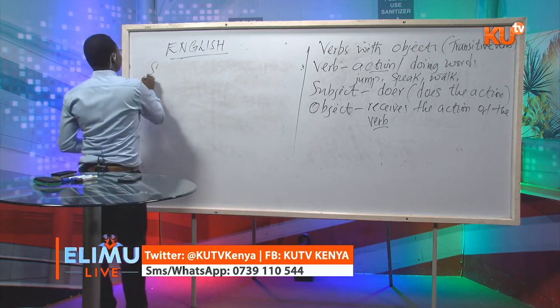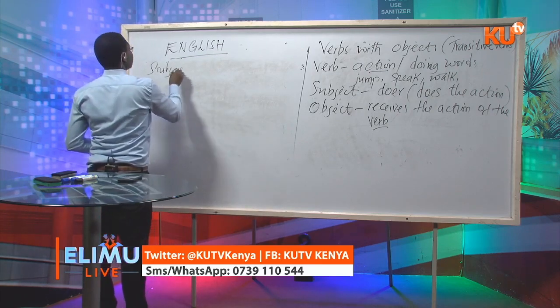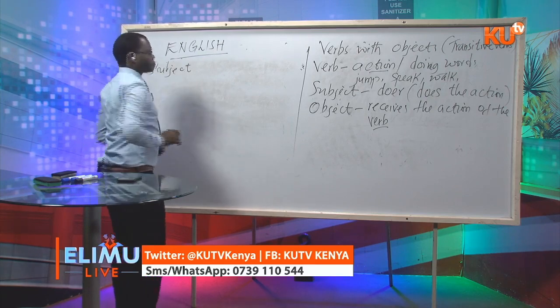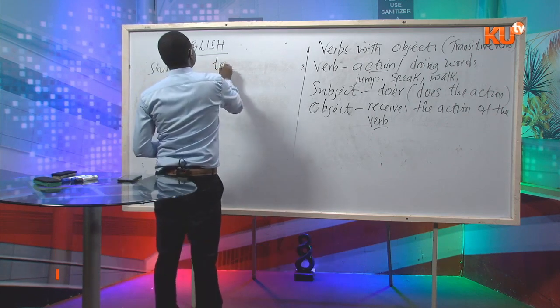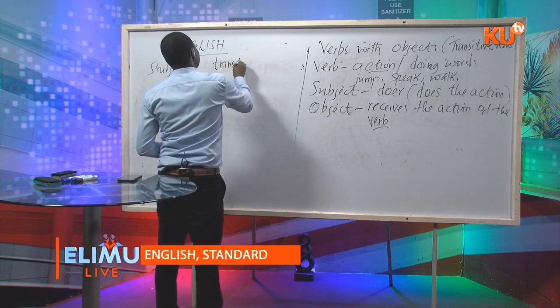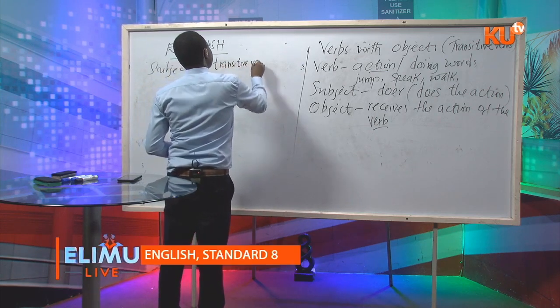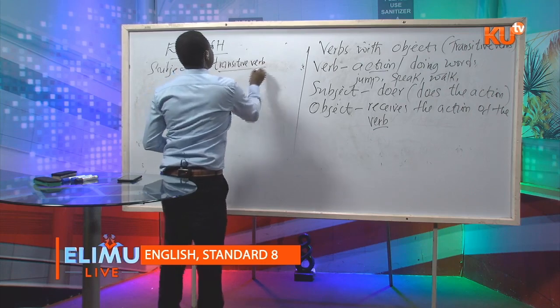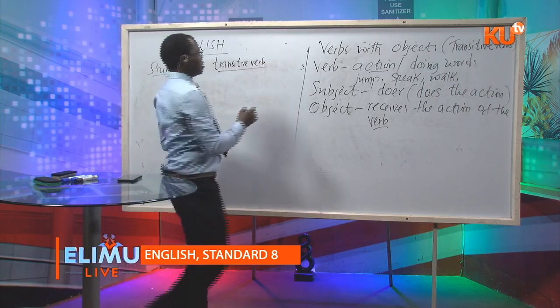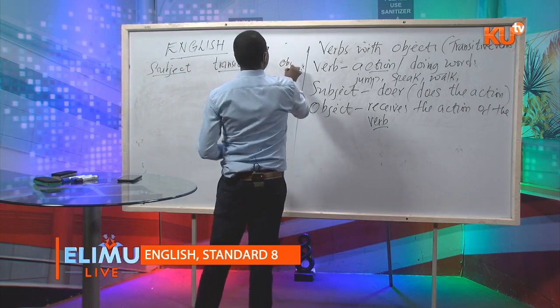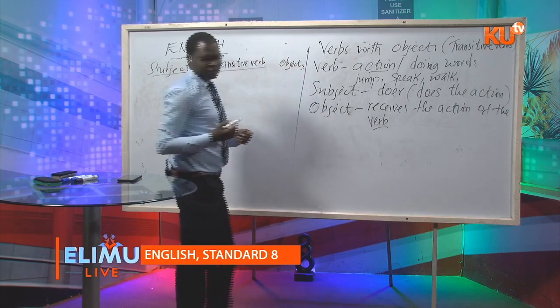So we have on this side the subject. Then at the center, we will be having what we call the transitive verb. The subject, the transitive verb, and finally on this side, we'll be having the object.